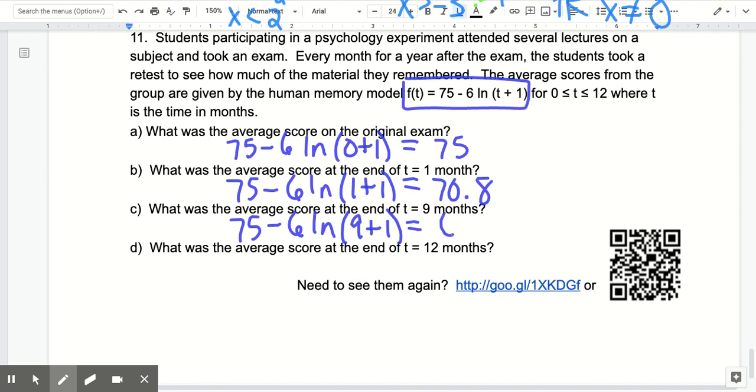And now the average score is 61.2. And then finally, at the end of 12 months is when this experiment ends. 59.6. So you can see as time goes on, we're forgetting more and more of this information, but our forgetfulness tends to slow down a little bit with this natural log function.